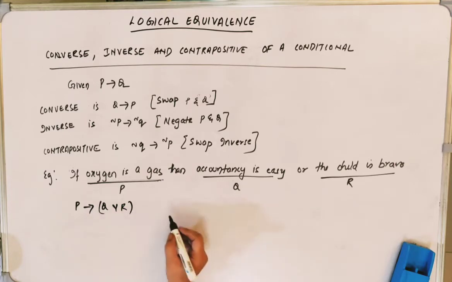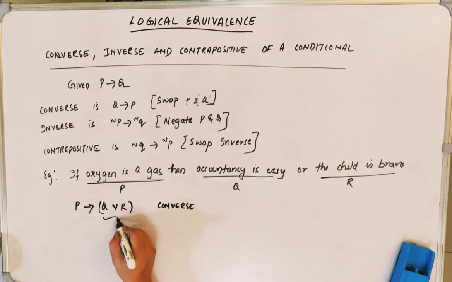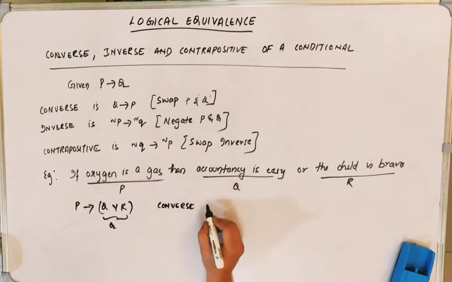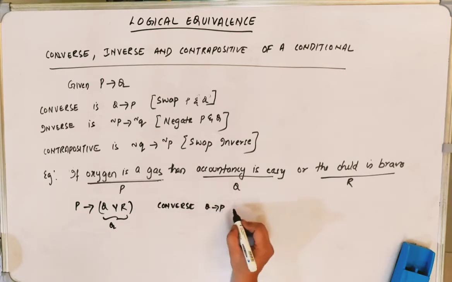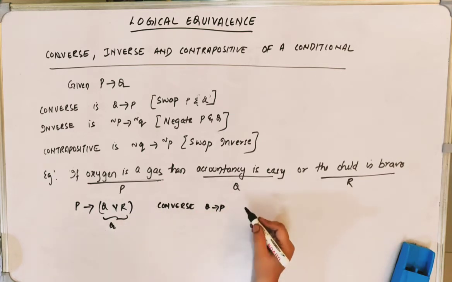Now what is the converse of this? We can consider this as one unit, something like Q. So P conditional Q. So the converse would be Q conditional P, and what is Q here?